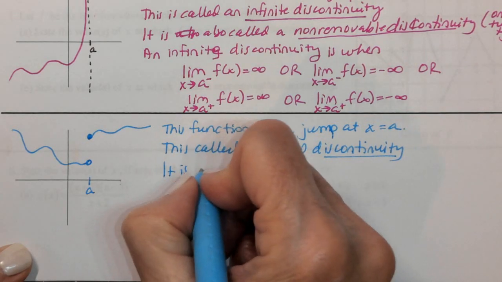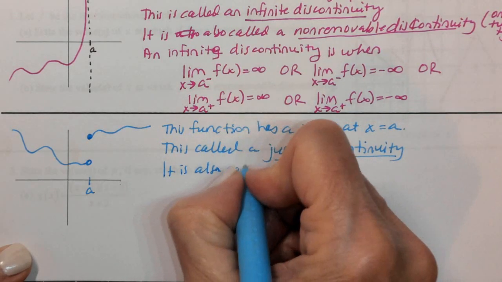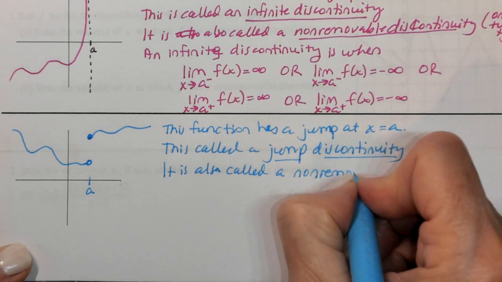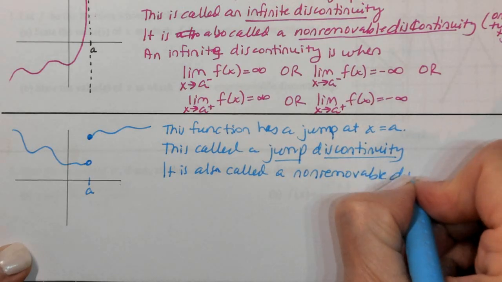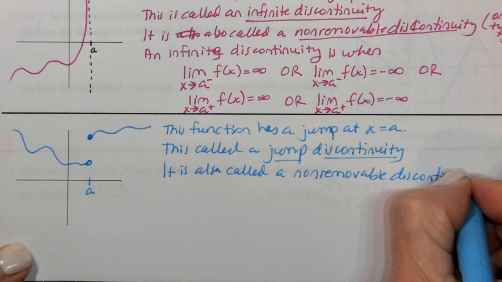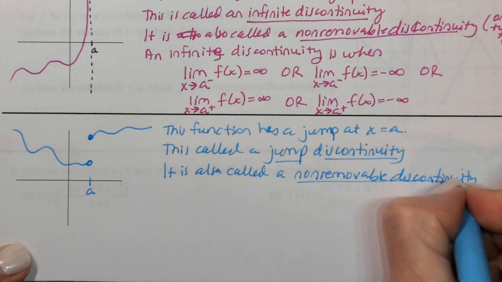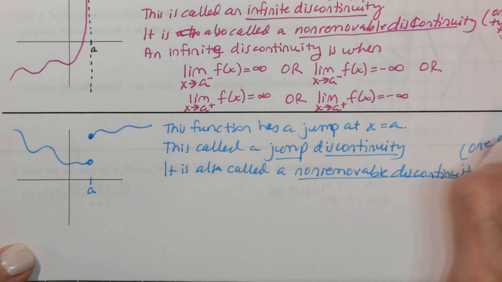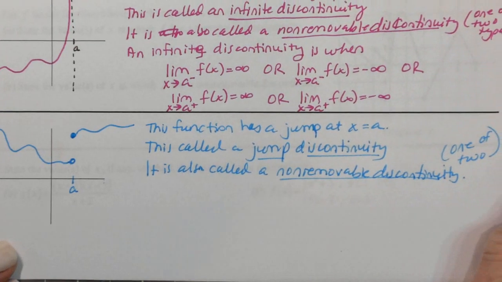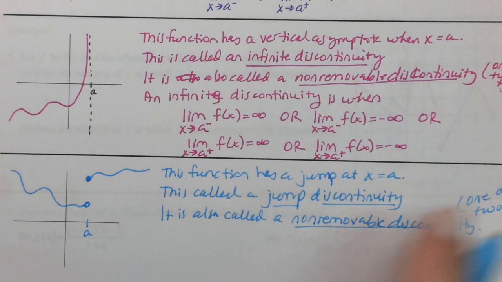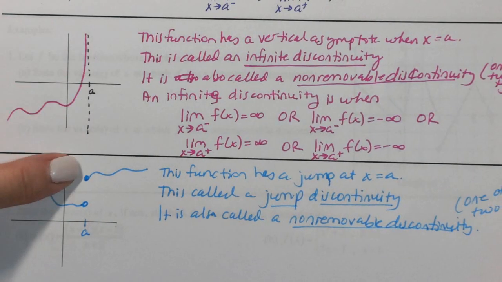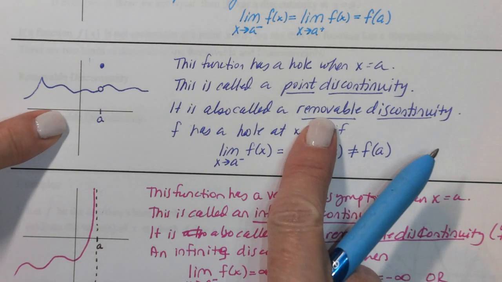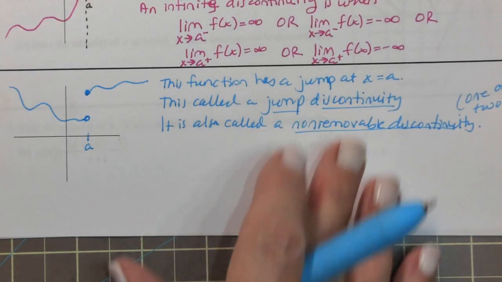It is also called a non-removable discontinuity. So that's one of two. This is the other one. So infinite and jumps, those are the two non-removable. Removable is a hole.